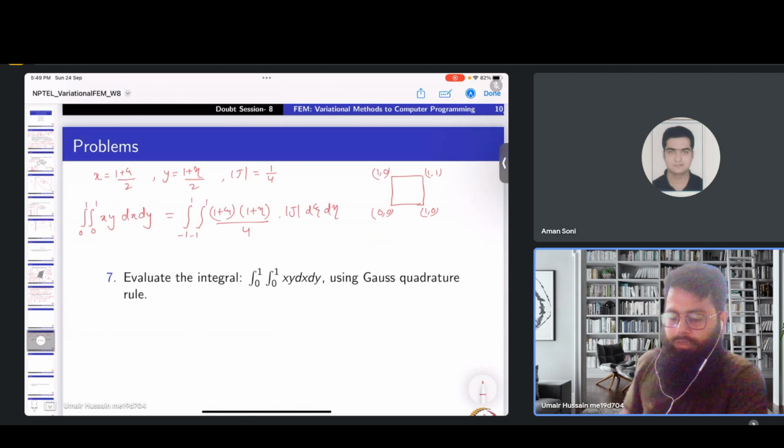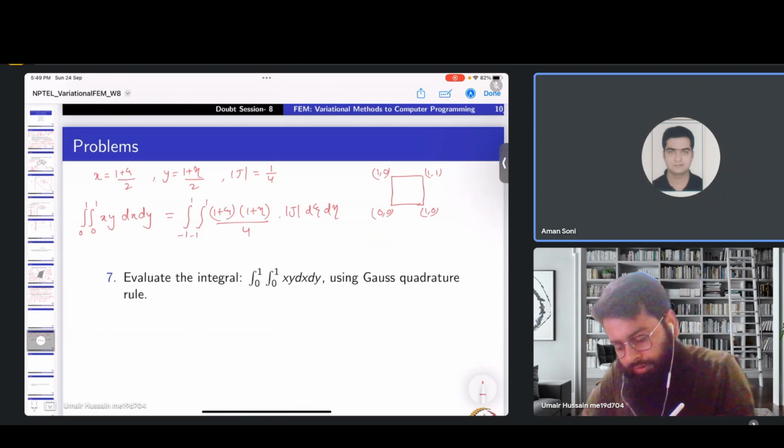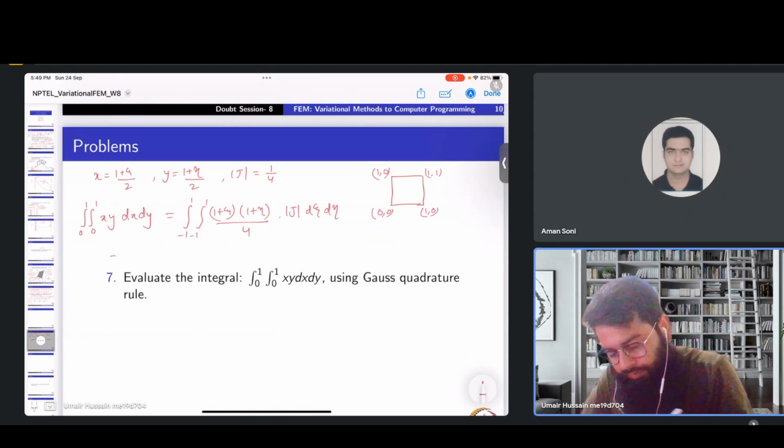I hope it's a determinant of Jacobian, not any inverse of it, right? It is determinant. So we have 1 by 4 times our integral is 1 by 8.